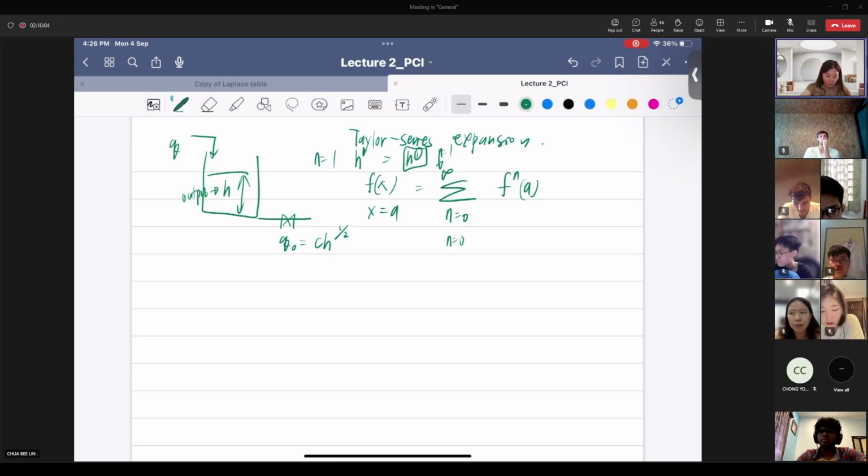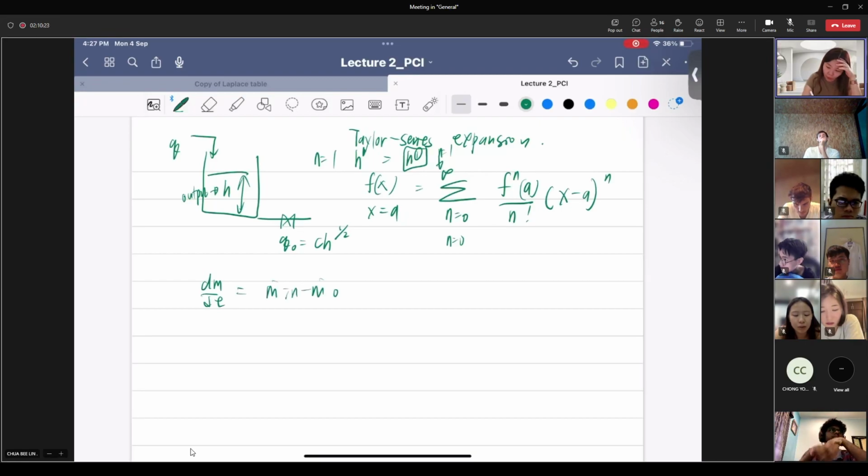Then the factorial and x minus a to the power of n. Okay, so now you have your Q naught. Previously we stopped at the equation. We derive again: mass in minus mass out.